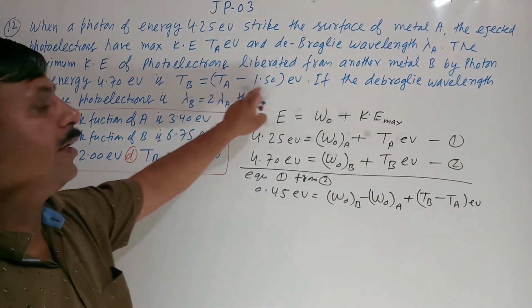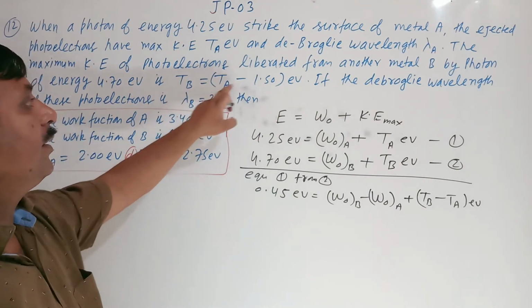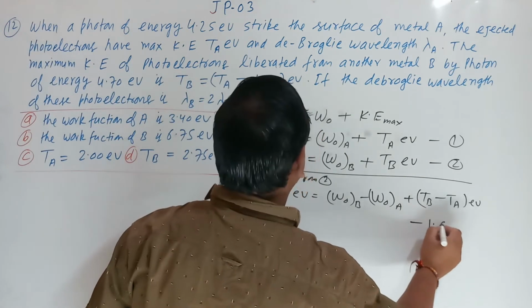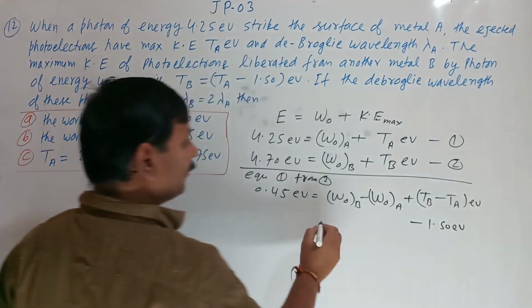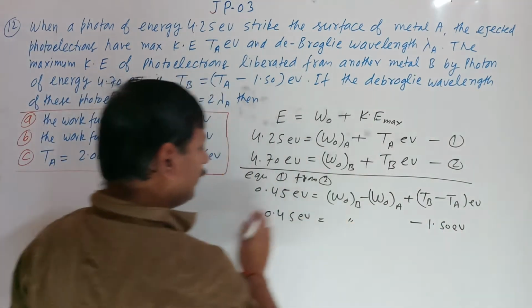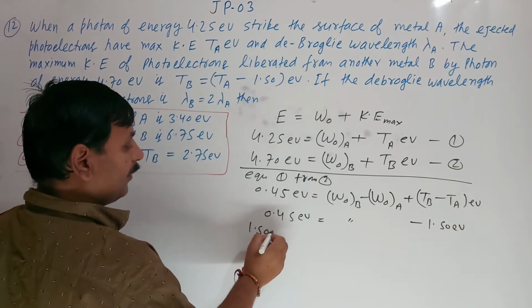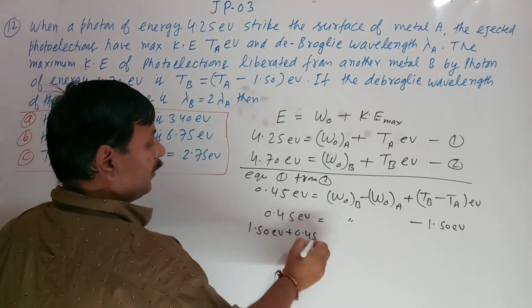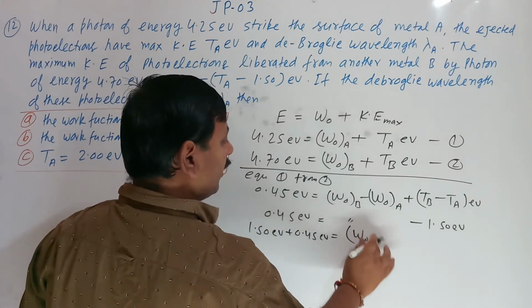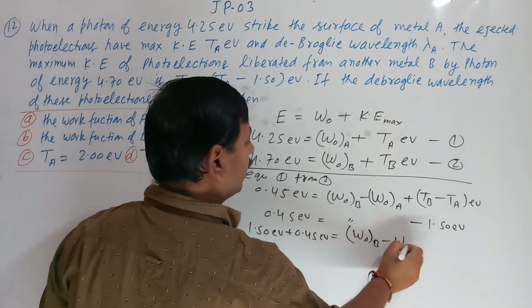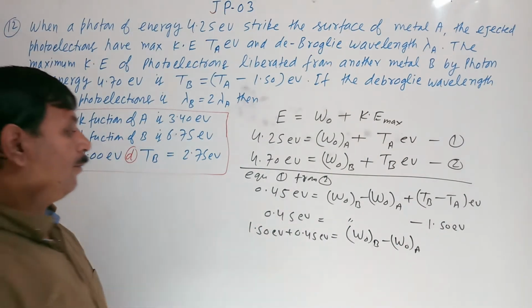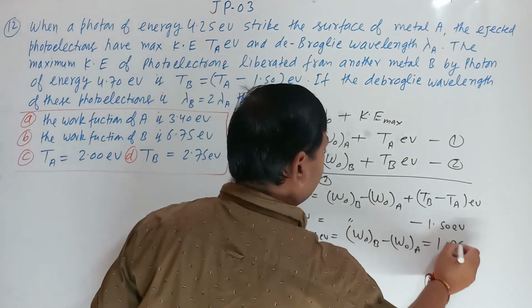See TB minus TA, they have given TB minus TA is minus 1.50 eV. This you have taken to the right hand side: 1.50 eV plus 0.45 eV is equal to W naught B, the work function of B, minus the work function of A. So this has come to 1.95 eV.